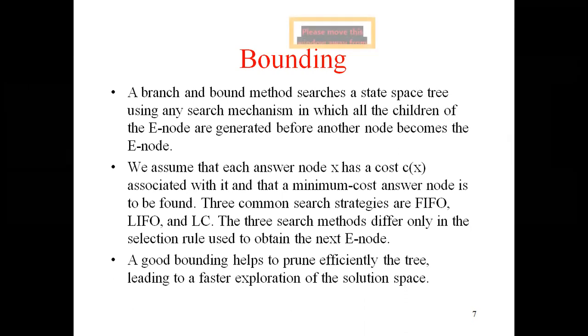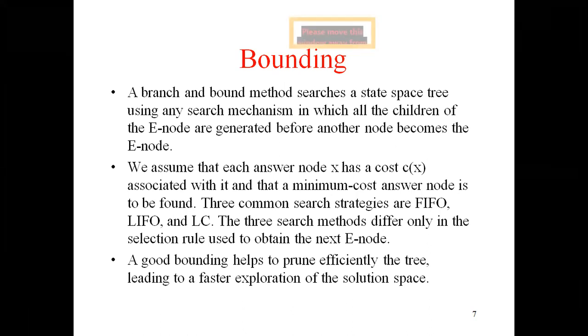For example, we have FIFO, first in first out type, queue type; LIFO, last in first out type; and LC, least cost method. These are the three methods that differ only in the selection of the E node. A good bounding helps to prune the tree efficiently.